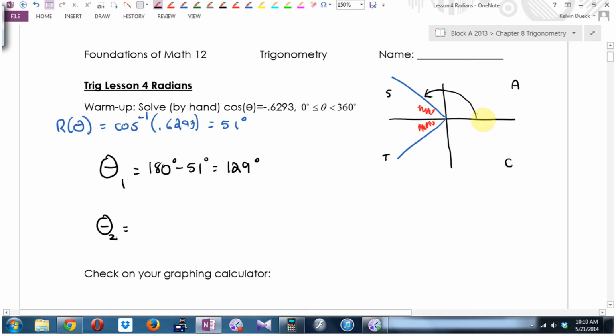The second angle is that one. How can I figure out how big that one is? 180 plus 51, which is going to be 231. That's what I said.